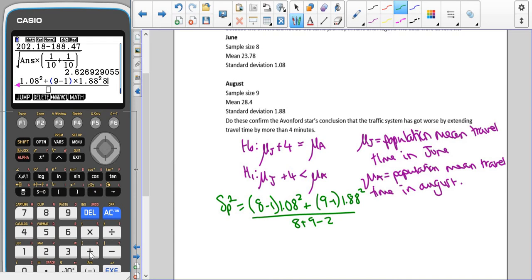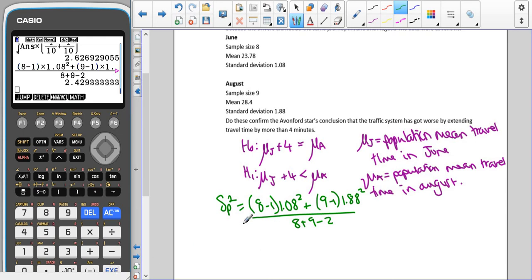That gives us an Sp squared of 2.429333333. And again, you can see that I haven't rounded it there because I'm going to do a further calculation with it.